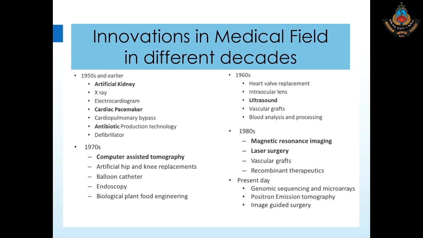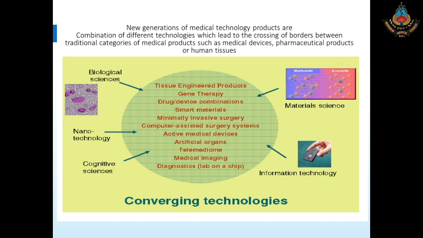And nowadays we use positron emission tomography or PET scan for functional study. The new generation of medical technology products are combinations of different technologies, which leads to crossing the border between traditional categories of medical products or medical devices.